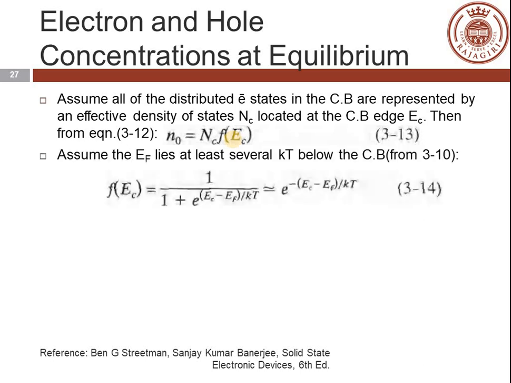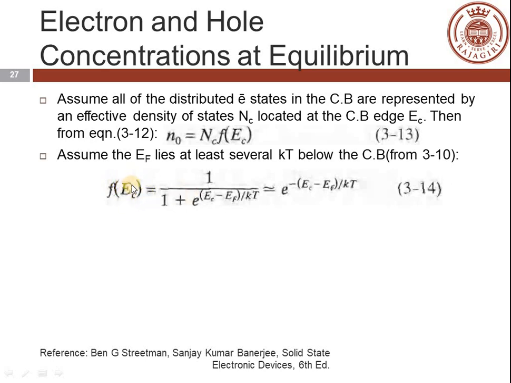Now, assume that EF lies several times kT below conduction band. Now we have the Fermi-Dirac statistics f of E equal to 1 by 1 plus e to the power E minus EF divided by kT, in which we will be finding Fermi-Dirac statistics for lowest most energy of the conduction band, that is f of Ec.